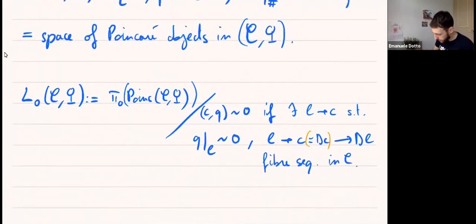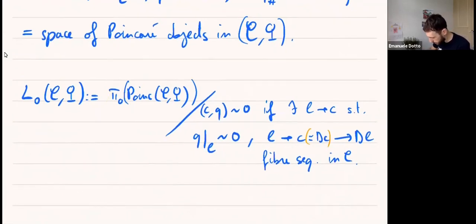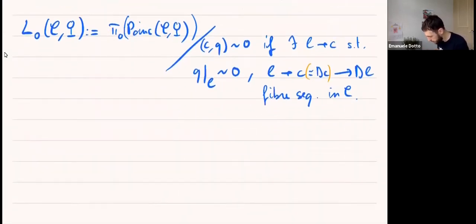And in fact, we can do better than this. We can build a whole spectrum such that this is its pi naught, and this is the L spectrum, and we build it from, well, let's see. We can moreover construct a simplicial object.